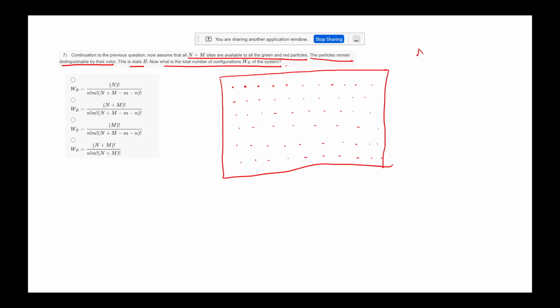That means one condition is always there: N plus M greater than m plus n. That is always there. This is state B, and this is m, sorry, this is m, this is n. Now how can I do this? Think about it for 2 minutes, because this is interesting.